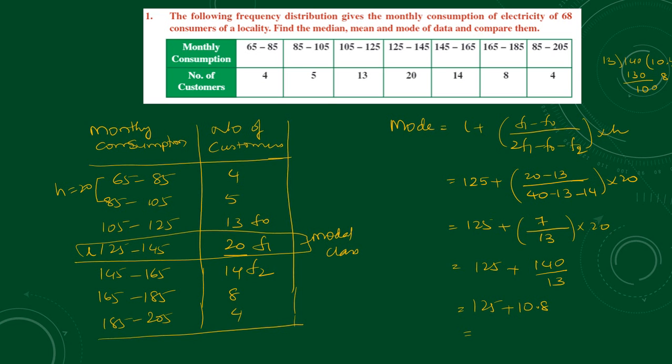So 8 times here. So what I am going to get is 135.08. So the value is 135.08 here, right? So based on that we are going to get this value.